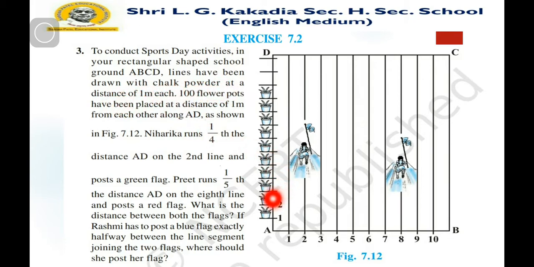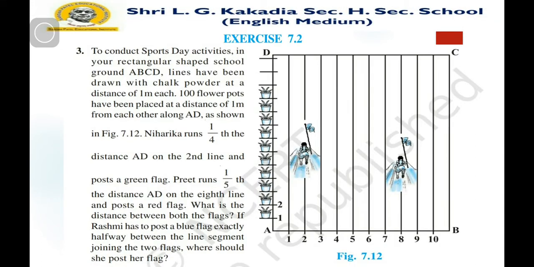Here you can find that these chalk powder lines are drawn at a distance of 1 meter each, meaning the distance between these two lines is 1 meter. Here you can see that there are 10 lines, and 100 flower pots have been placed at a distance of 1 meter from each other along AD.